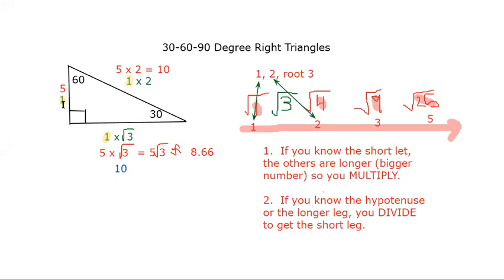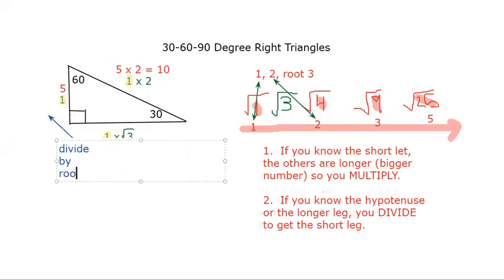We took the short leg and multiplied it by root 3 to get the long leg. So in reverse, we will take the long leg and divide it by, very misleading arrow, we have to go this way, we're going to divide by root 3 because it's getting shorter. And between short and long leg, the scale factor is root 3.